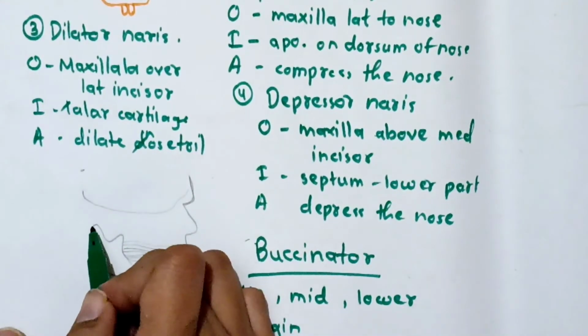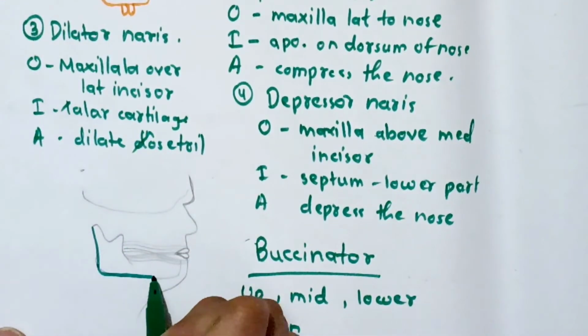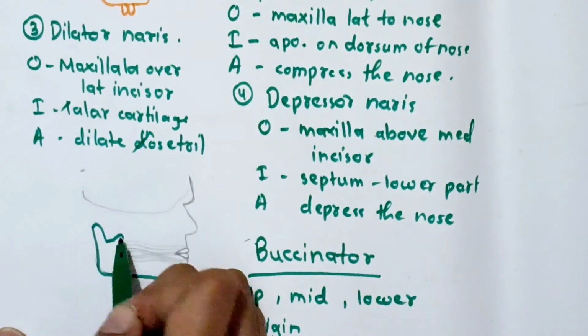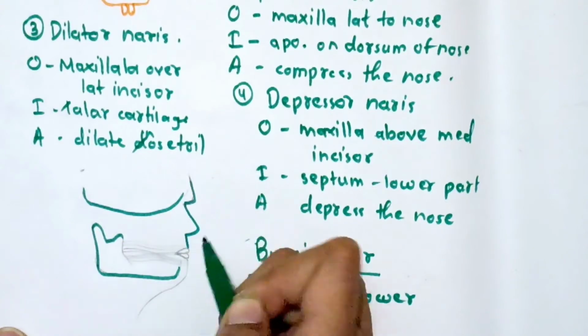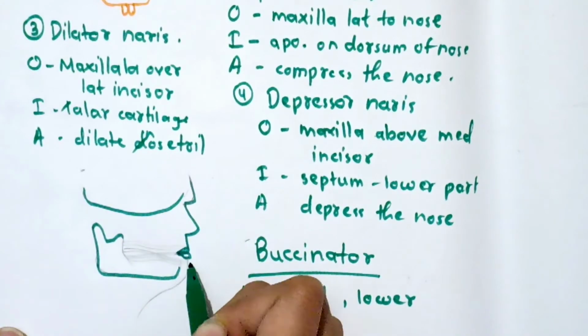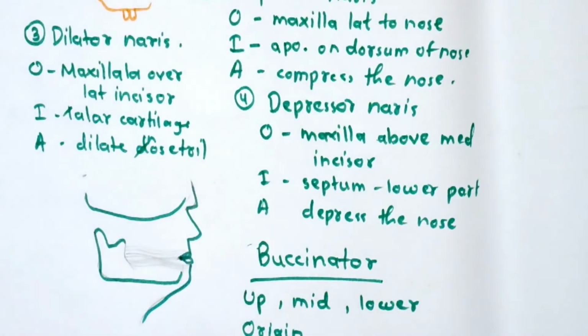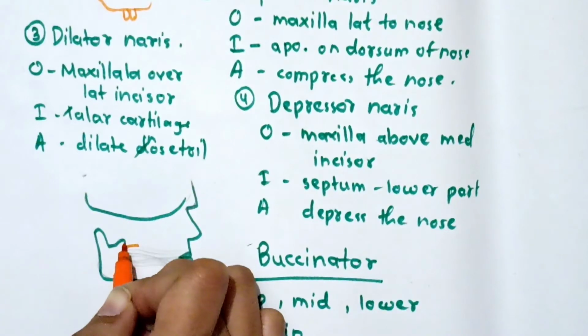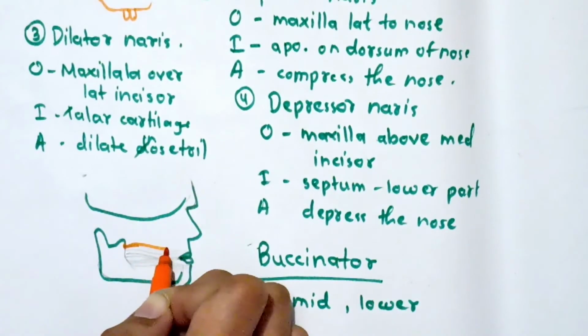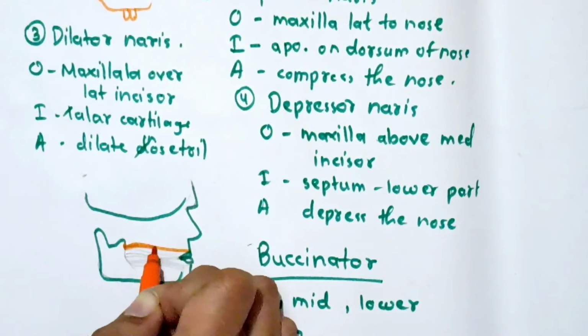So this is a diagram. This is the mandible. These are the upper fibers which originate from the maxilla and insert onto the lip.